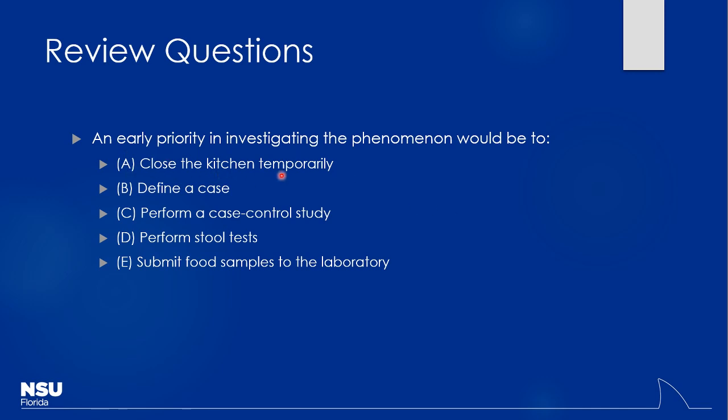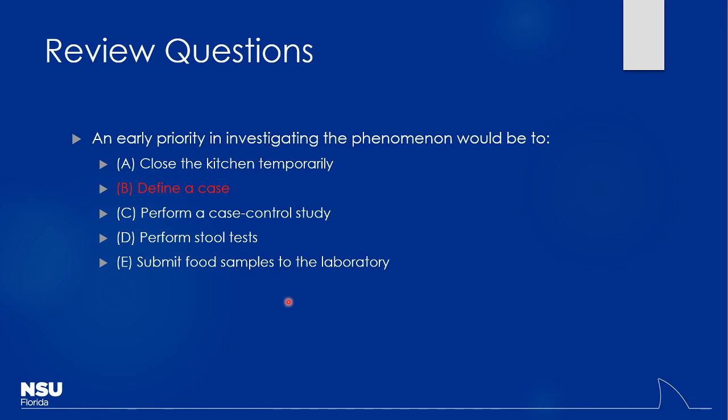Should we close the kitchen temporarily? Should we define what a case is? Do we perform a case control study? Should we start doing stool tests, or should we submit food samples to the lab? We'll do stool tests first. Or if you define cases, what do you think? Well, first off, we have to define what our case is, right? So we have to figure out how we're going to investigate this.